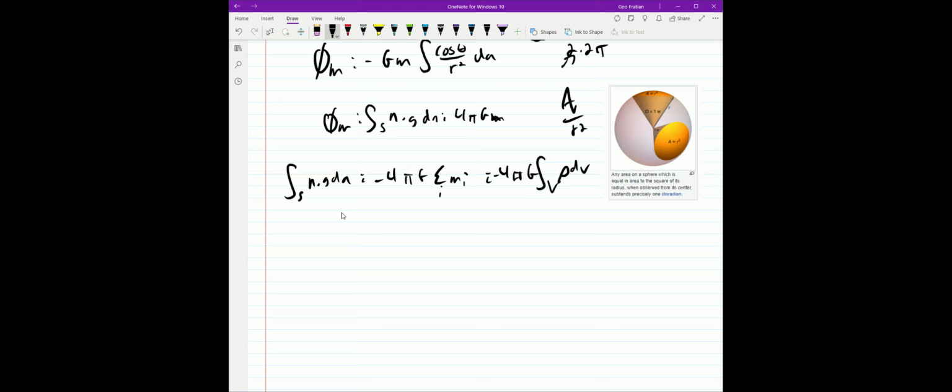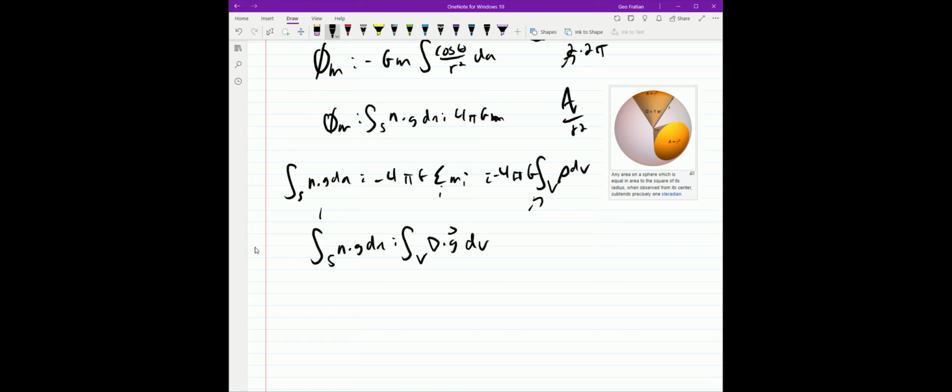And we recover something interesting using Gauss's divergence theorem, because we have a surface integral equal to some volume integral. That lets us rewrite our surface integral as the divergence of the gravitational vector.